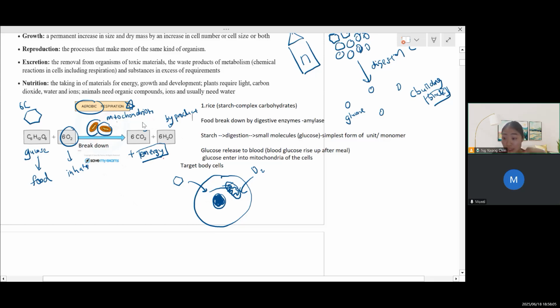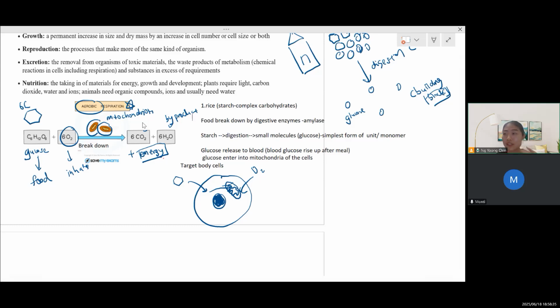So once I exhale the air, I can feel the carbon dioxide flowing out, and also the water. You can put your hand in front of your mouth. You can feel there's heat, and also some water vapor being released out. So this is what we know as aerobic respiration. You can feel the heat and the water being released when you exhale the air.